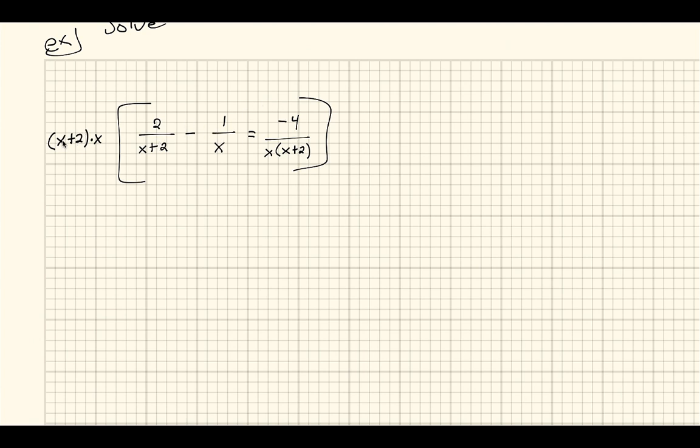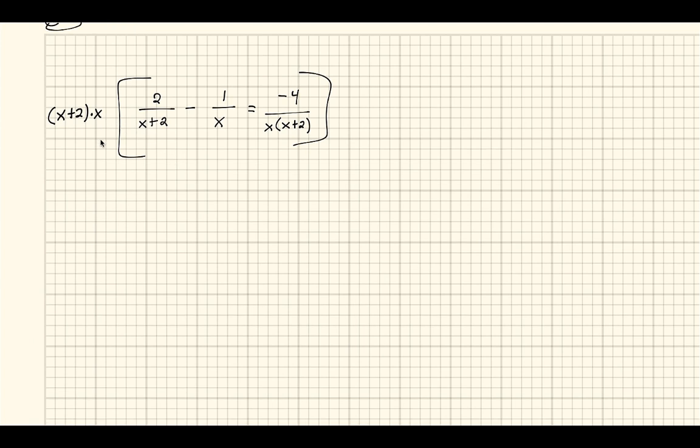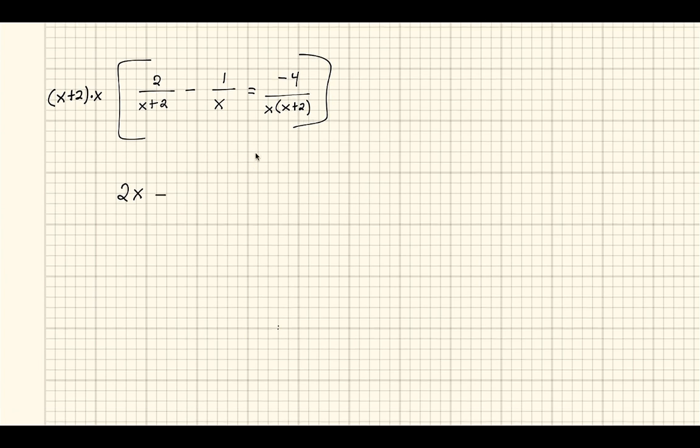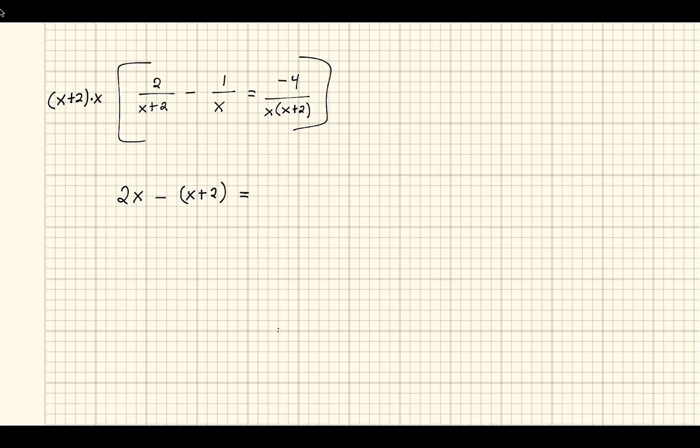If I multiply this to here, the x plus 2's will cancel, and I'll be left with 2x. If I multiply this to here, the x's will cancel, and I'll be left with a minus 1 times this x plus 2, equals, and both terms cancel when I multiply through, so I just have a -4.